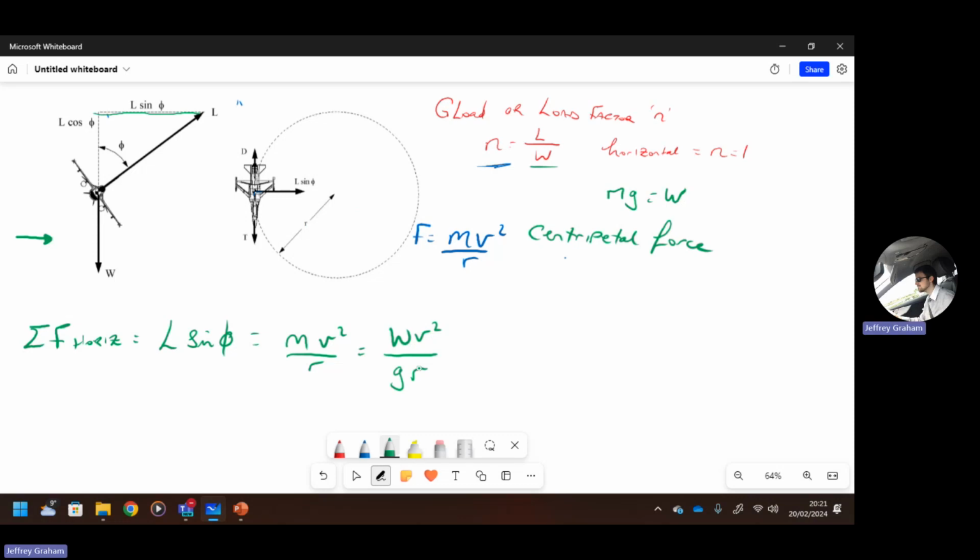Right, these equations here are what we're going to run with as we start to go through this.